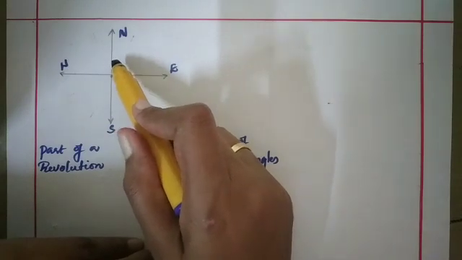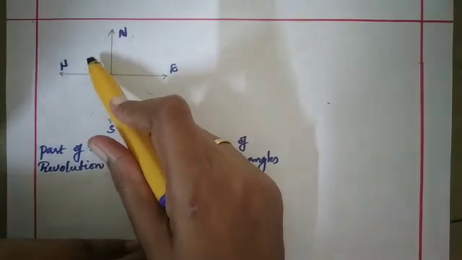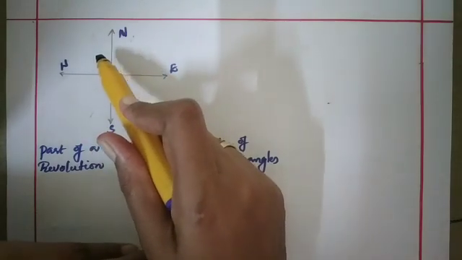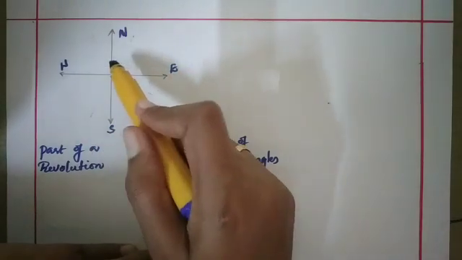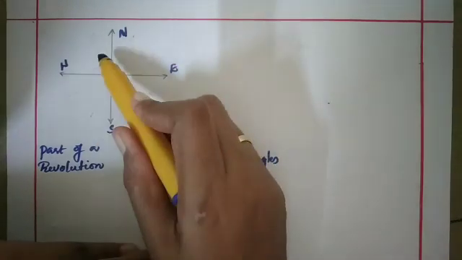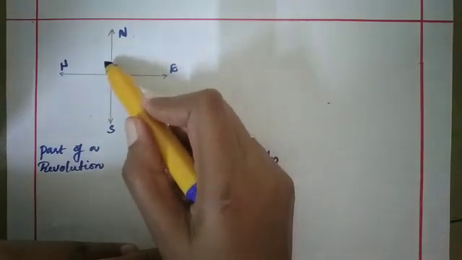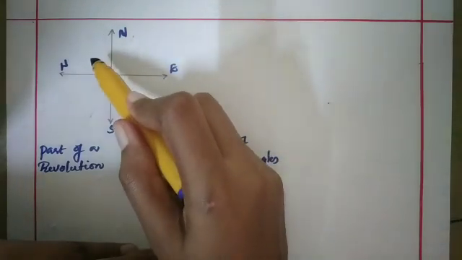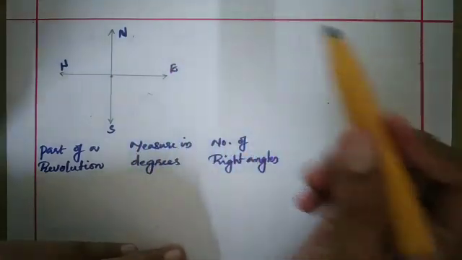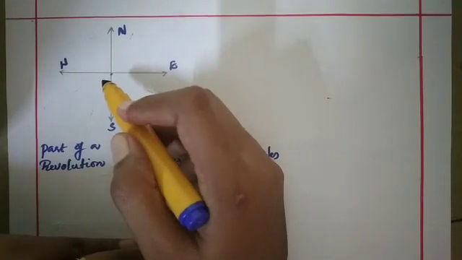So north to east, east to south, south to west, then again west to north. This is the clockwise direction of one revolution. From where you start, you end at the same point. From north, you are standing facing north, then you come back to the same position: that is one complete revolution and one complete angle, 360 degrees.